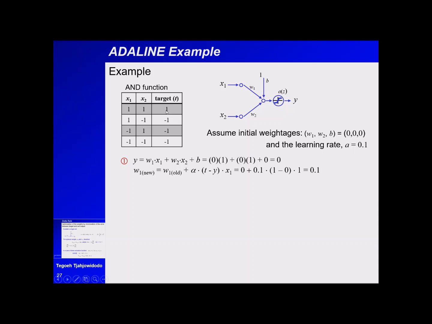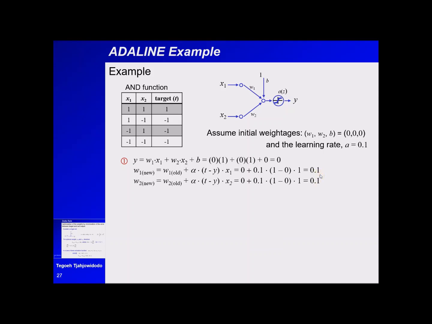For the time being, the target is 1, as I will update from the first data set first, minus the current output, which is 0. So 1 minus 0, times the input for that weightage in the first data set, which is 1. It's equal to 0.1. So my new W1 now is 0.1.